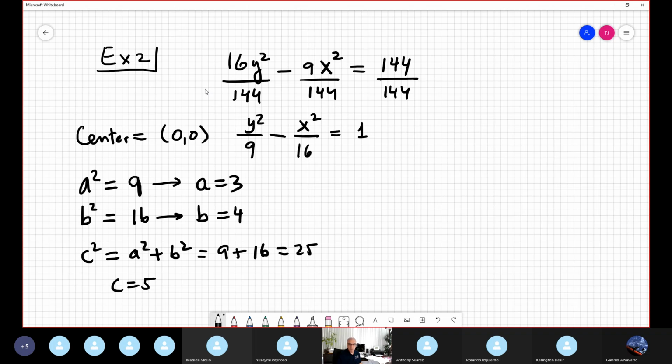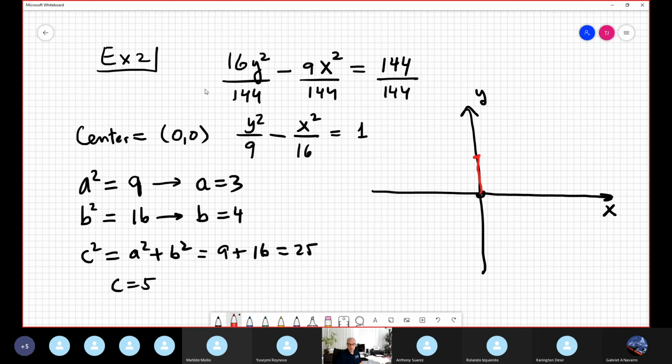Now, let me try to do one rough sketch. I complete it in Desmos, no? This is x, this is y. Center here, 0,0. Entonces I know that my hyperbola is vertical. I know that a is 3. So the vertices are located on the y-axis, 3 up, 3 down. 1, 2, 3.